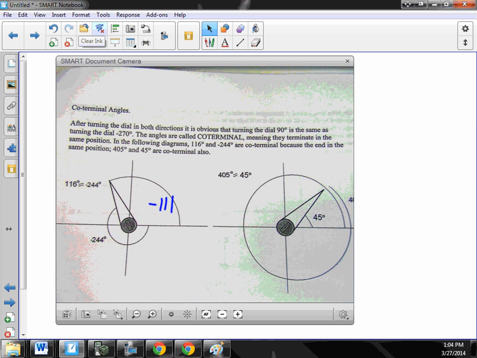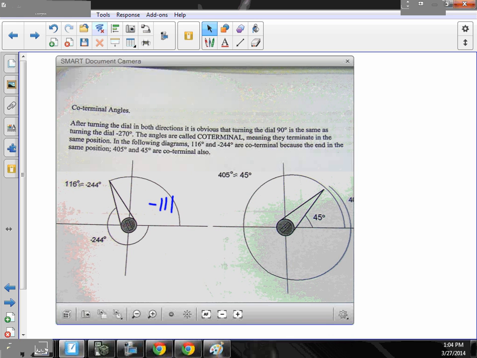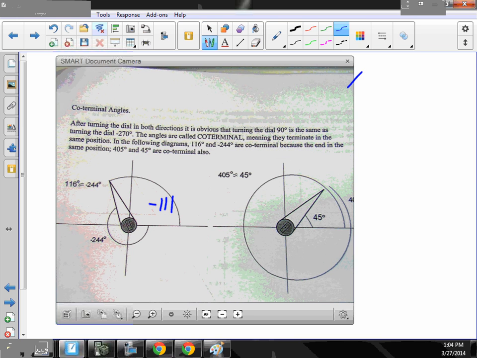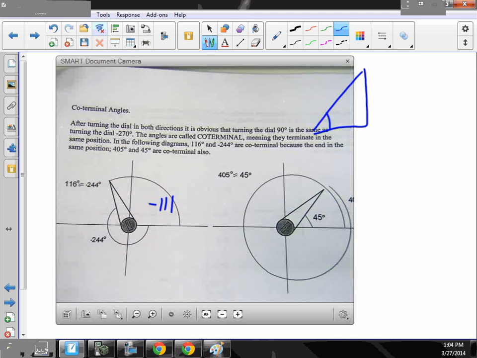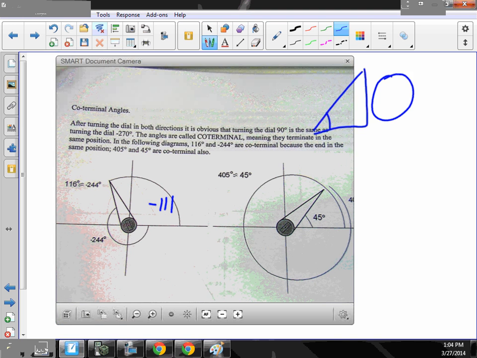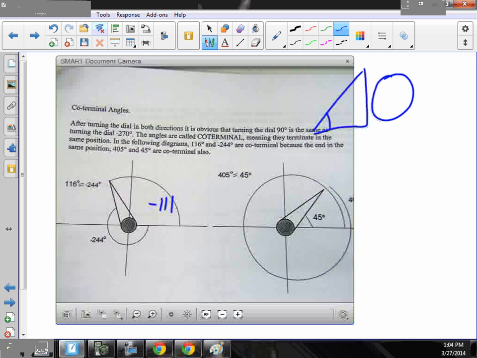I plugged in a sine value and I got a negative number. Can the wall be negative? So I drew an angle such that this value was negative. We'll talk about it later. Well, you've seen it before.